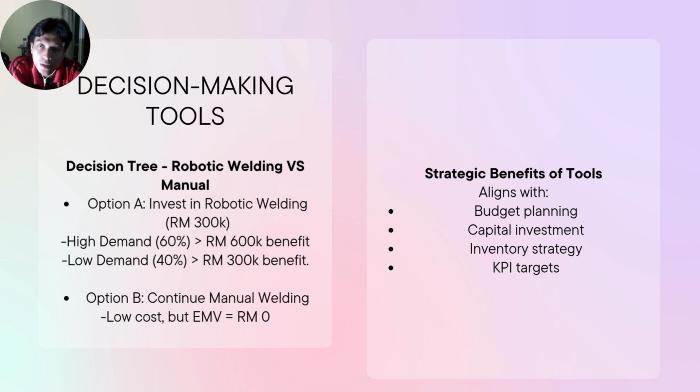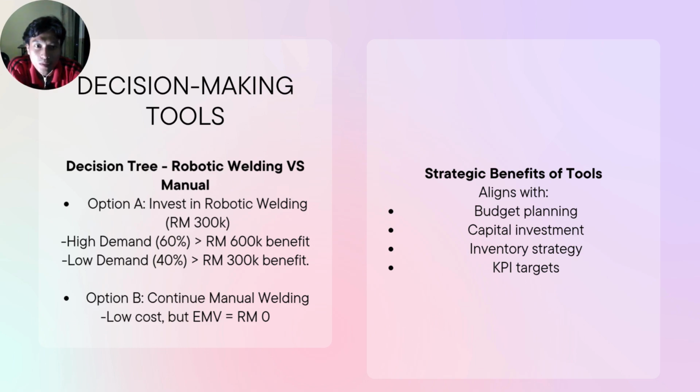High demand, at 60%, will give benefits of 600K ringgit. Low demand, at 40%, will give benefits of 300K ringgit. For option B, continue manual welding, it is low cost but the EMV will be 0 ringgit.